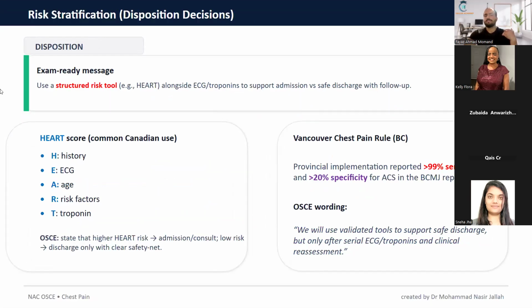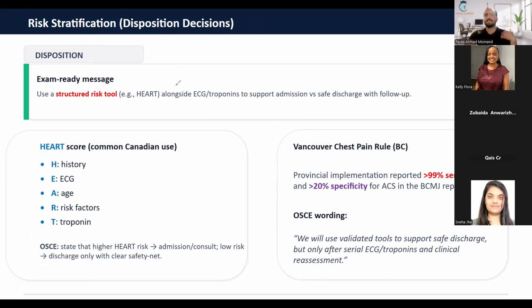Now, for exams or in your OSCEs, you can say, I'm going to use the Vancouver chest pain rule, if you remember that. Otherwise, this one is a bit complex. The HEART score is more common to use in Canada. Say I'm going to use the HEART score to calculate the patient's risk. History: does the patient have risk factors for myocardial infarction?